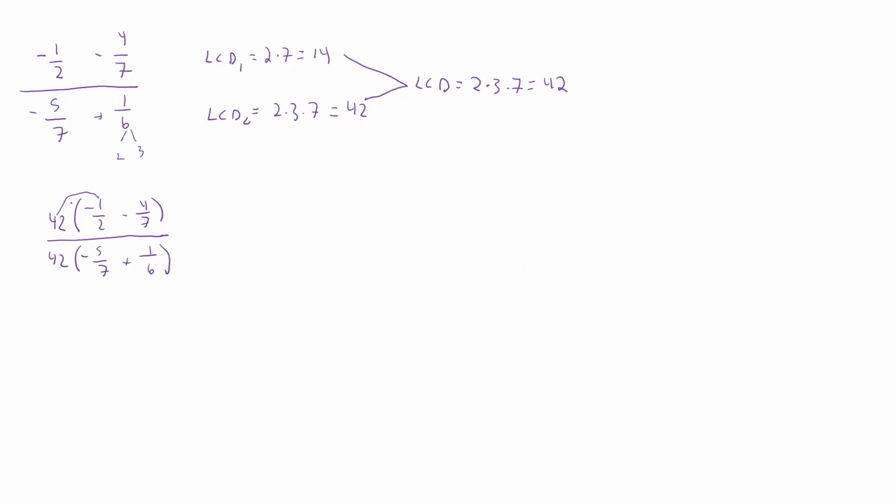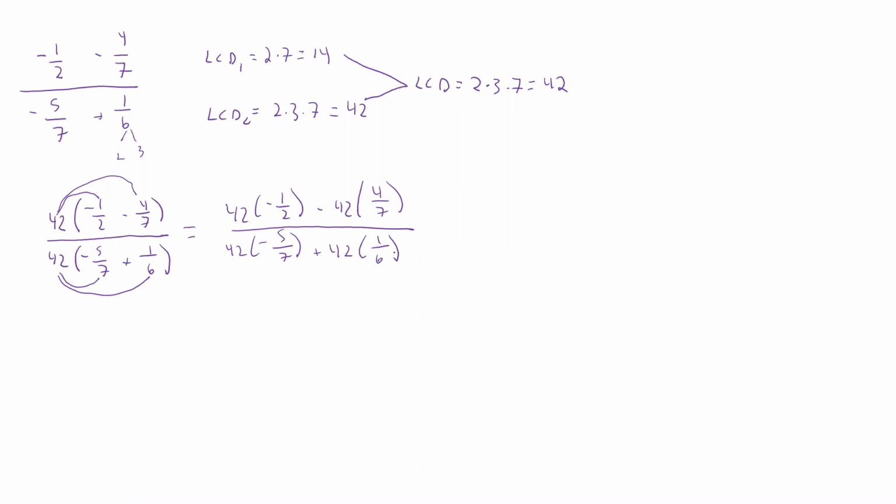And now we just distribute. So we multiply that, we multiply that. And so when we do that, we'll have 42 times a negative 1/2 minus 42 times 4/7. Then in the denominator, we'll have 42 times negative 5 over 7, and then plus 42 times 1 over 6.